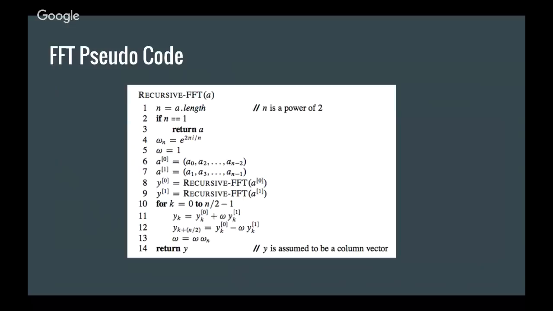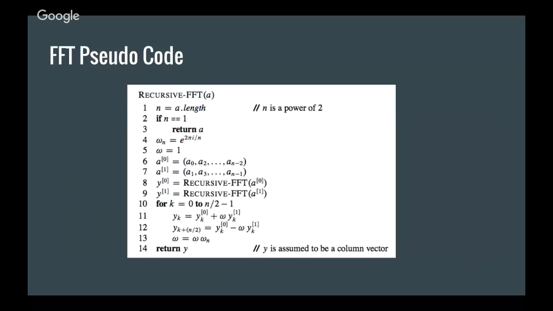Yes, and y will be the input set, but converted. We can think of y as an array, but a column vector, for example, where we took the input values a given in, for example, the time domain, and we return y, which is the new set of those values, but in the frequency domain.